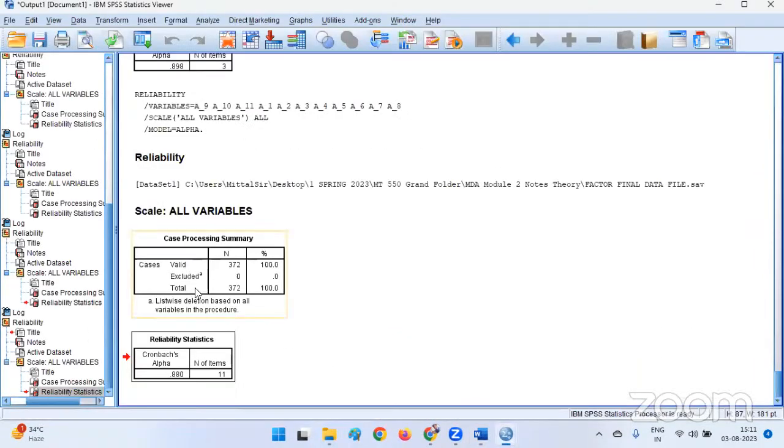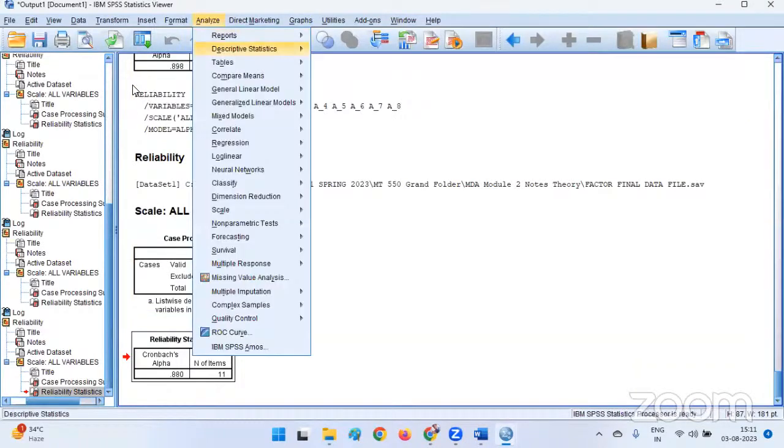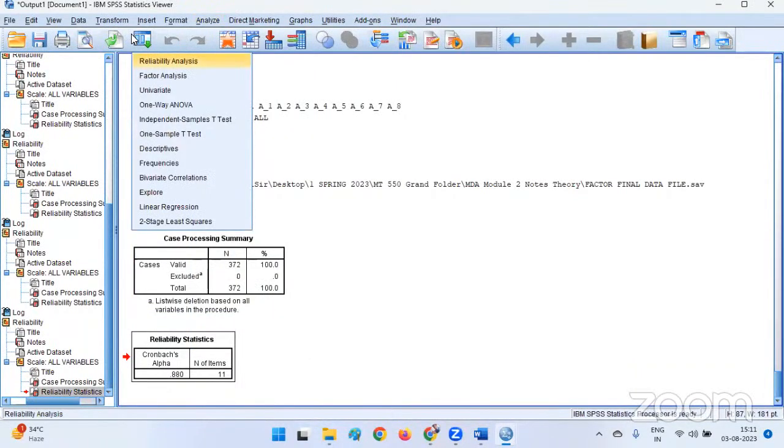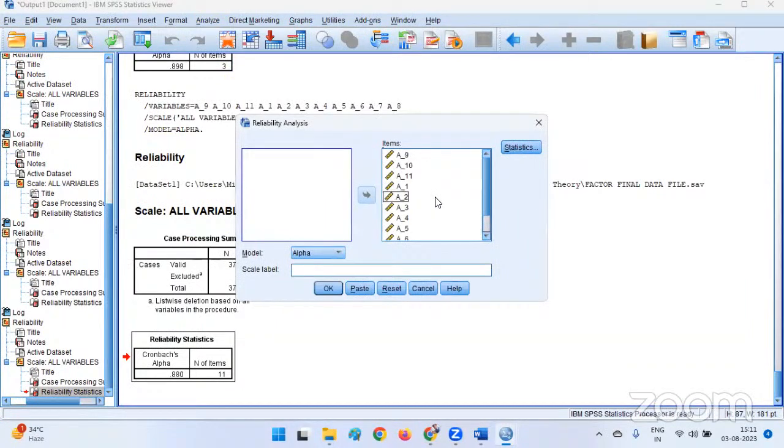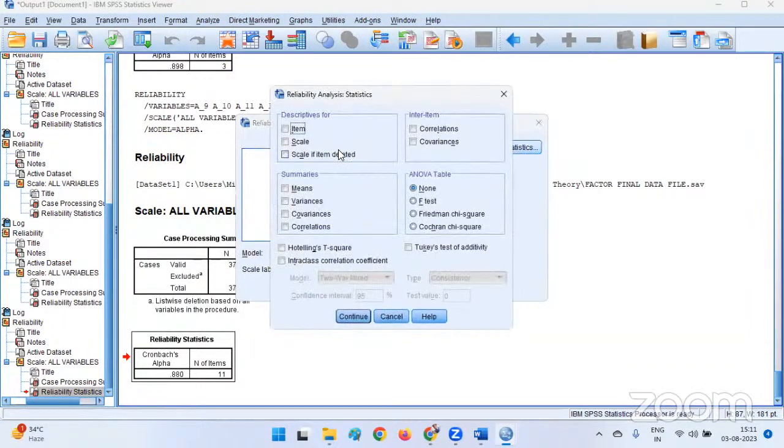So there is one more diagnosis in factor analysis, in reliability. Under statistics, we go for scale if item is deleted. If I delete an item, what will be my reliability? Whether it improves or it doesn't improve. If it improves, I can think of dropping that statement. Okay.